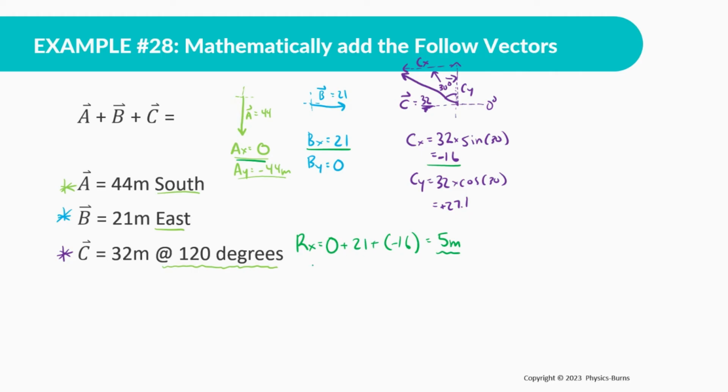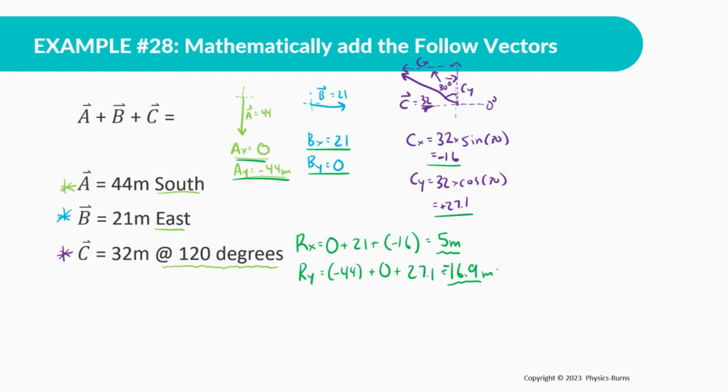Resultant vector in y, we're adding everything in y. We have negative 44 plus 0 plus 27.1. Got my calculator, 44.1, we have 16.9, and that should be negative meters.